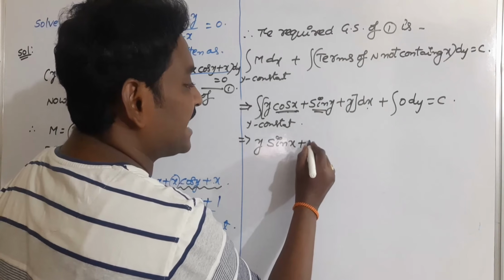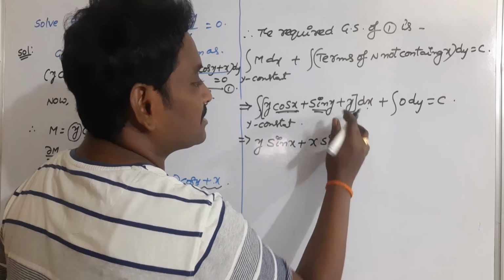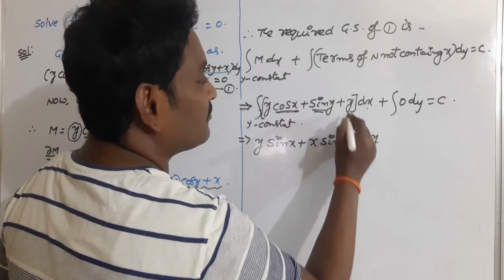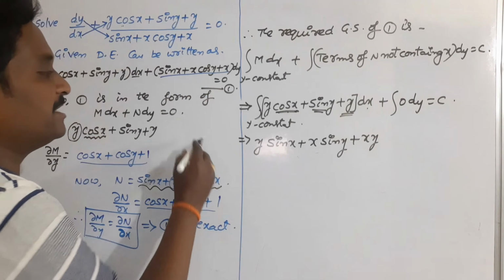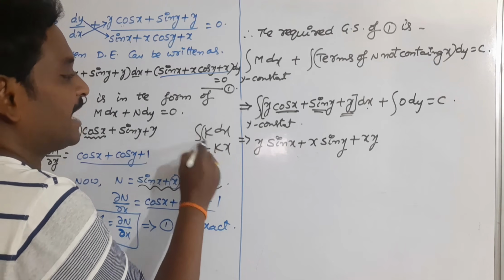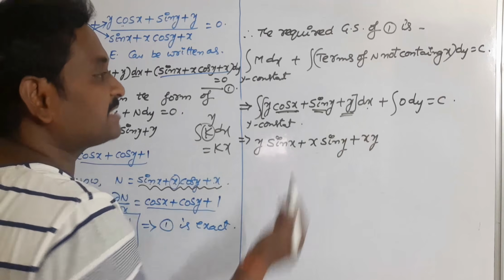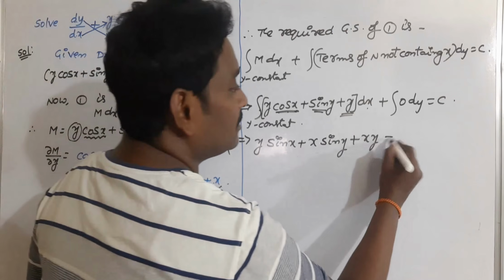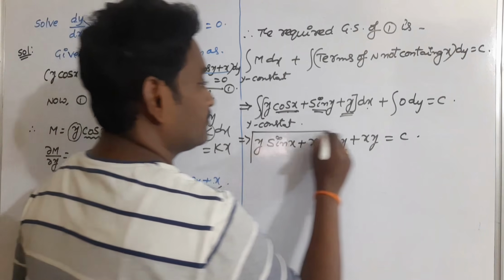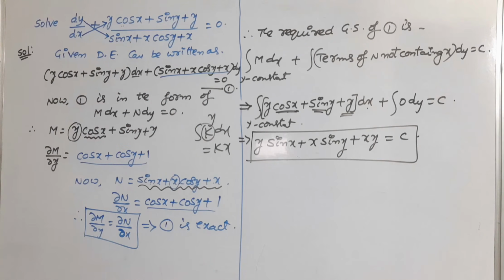Integral 1 dx is x. So x into sin y plus xy. Here also y is constant. Integral constant dx is simply kx. Here we have y instead of k, that's why I am writing yx, otherwise xy, is equal to c. This is the required general solution of the given differential equation.